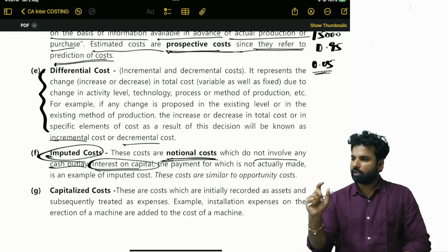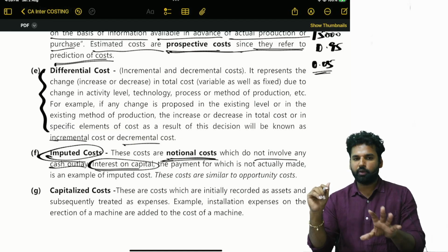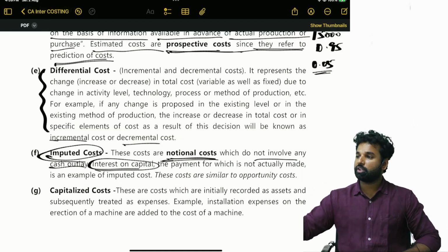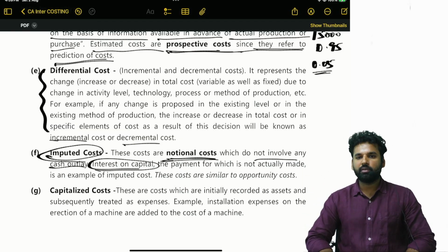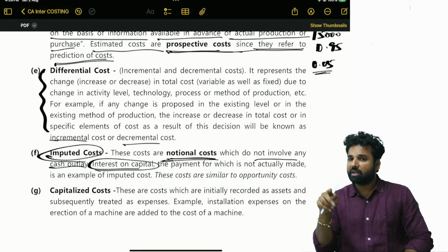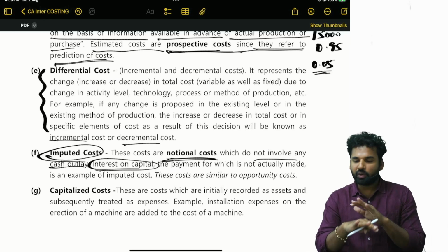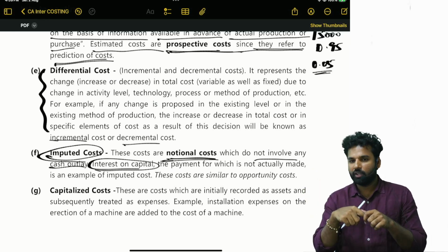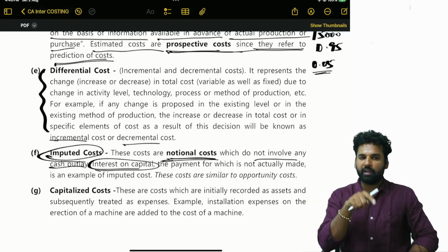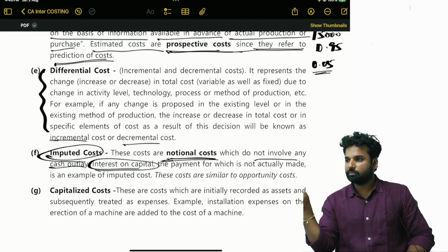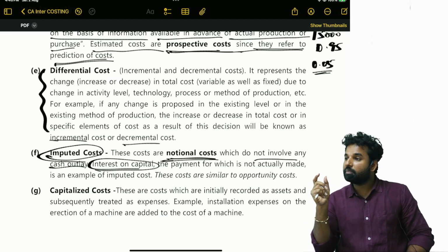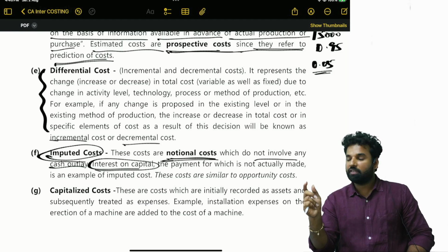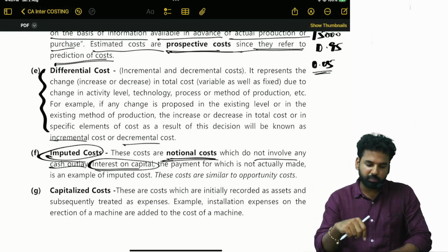Now these 10 lakh rupees, straight away I could go to the bank and deposit in an FD and get an interest of 7%. So that 7% really matters for comparison. Simply sitting without doing anything, I am getting 7%. After doing all this activity, what I am getting has to be compared with this one. So that is what is called imputed cost or notional cost, which is not actually a cash outflow. That interest we are not paying. So that is an imputed cost.